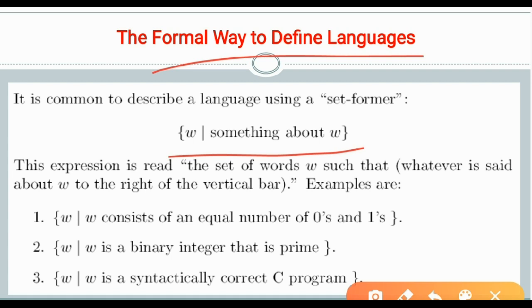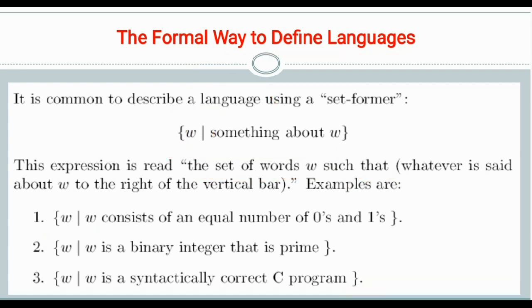So you can see the examples here. The expression is read as the set of words w such that whatever you are saying will be followed in the particular word.